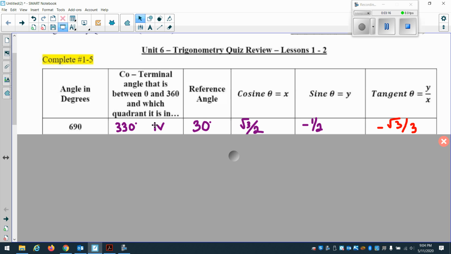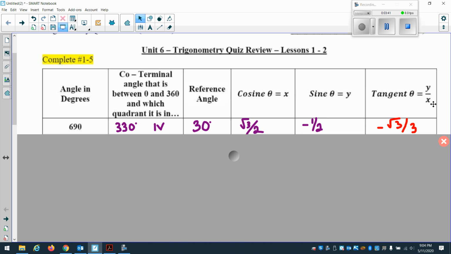The reference angle, you look at the x-axis it's close to. This one is close to 360. 360 minus 330 is 30 degrees. Okay, and you look at that coordinate point, which is root 3 over 2 and negative 1/2. Root 3 over 2 is your x value. Sine is your y value, which is negative 1/2.